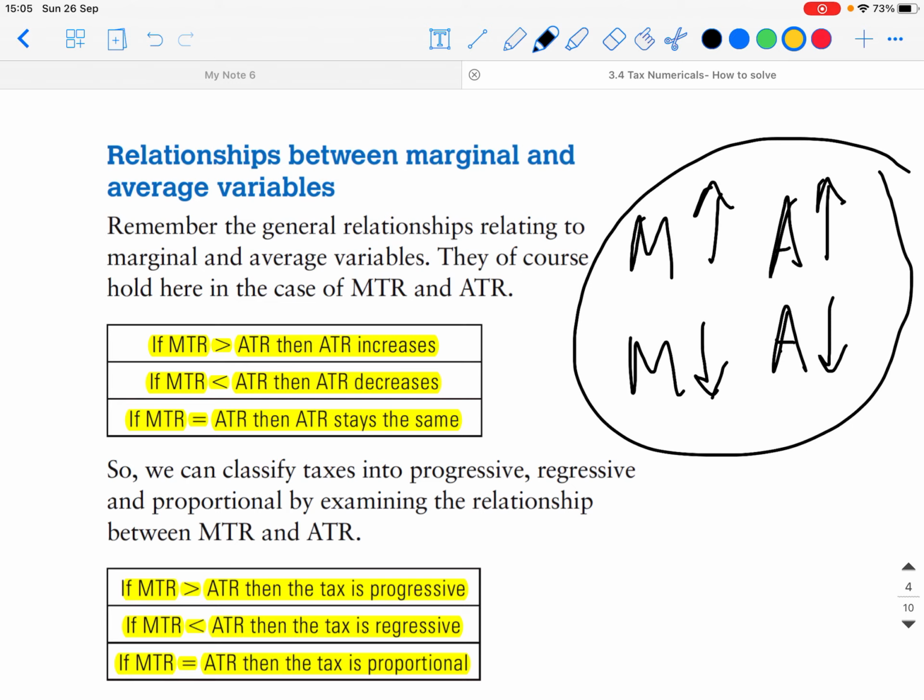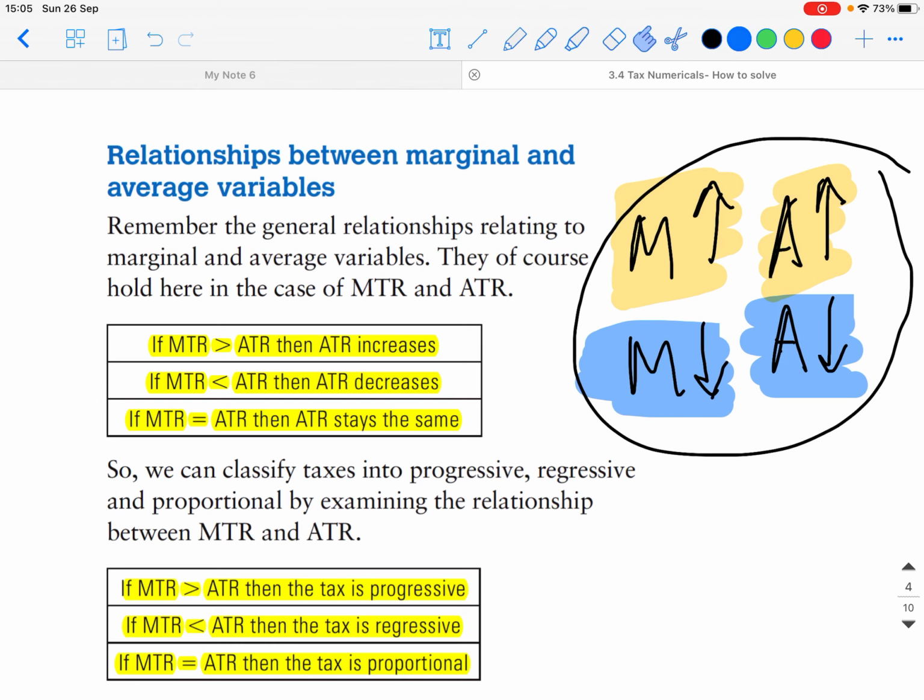A good example to make it easier to understand is when you have a test, and the next test you got higher marks than the previous test. When we take an average of all your test marks, that average will increase, because your last test mark had gone up. On the flip side, if on the last test you scored lower, then your entire average comes down. The same concept applies whenever we have the terms marginal and average in econ.